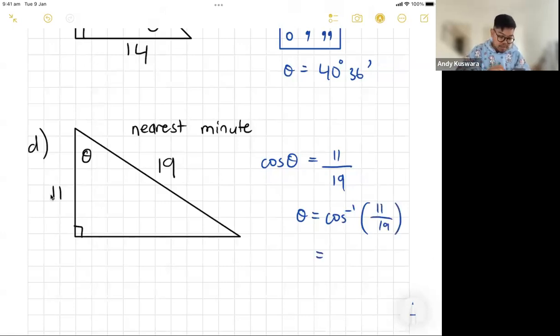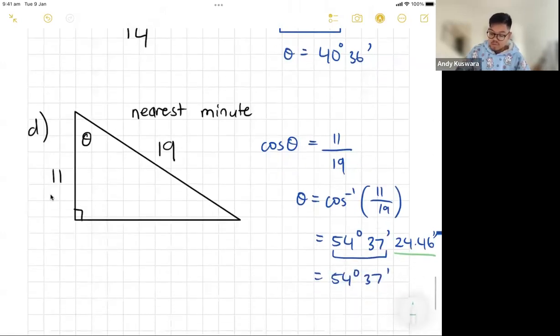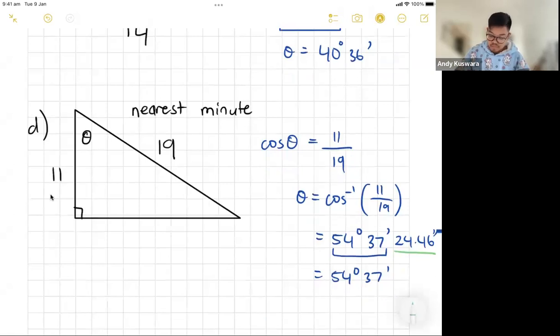Once you put 11 on 19 in your calculator, this gives you 54 degrees, 37 minutes, and 24.46 seconds. So again, rounding to the nearest minute, I just keep it there. And the 24 is not greater than 30. So I'm going to keep it as 54 degrees and 37 minutes.